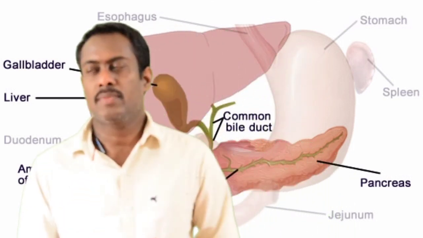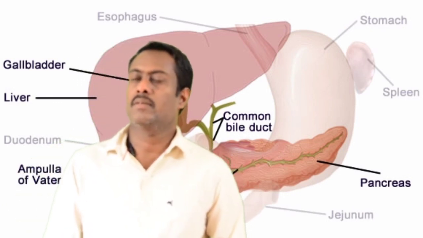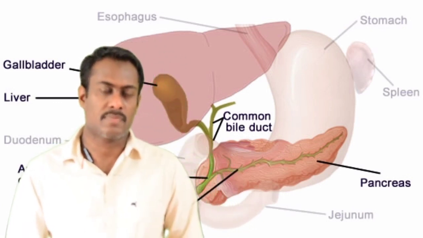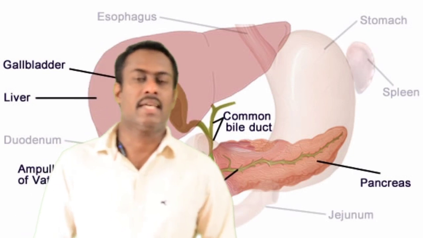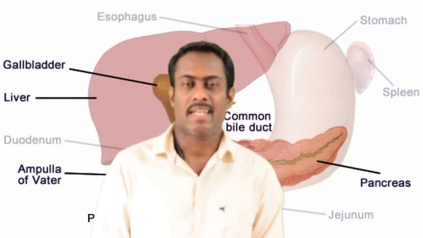The exit of this waste material from the body is by the action of a sphincter muscle in the anus. And this is all about digestion and nutrition.